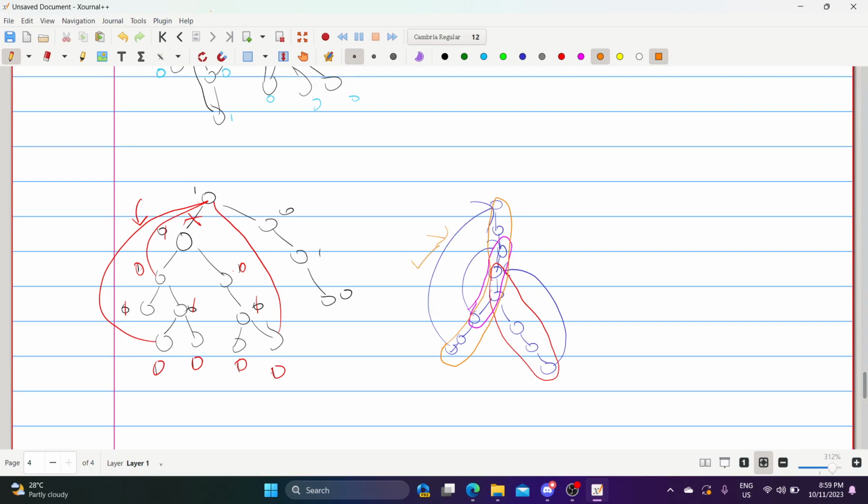But at the same time, we want to avoid the good back edges. For example, if we have a back edge like this, since this back edge is already good, if we choose to delete this tree edge, then it will change the good edge to become a bad edge. We don't want that to happen.